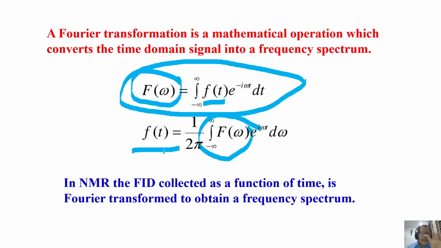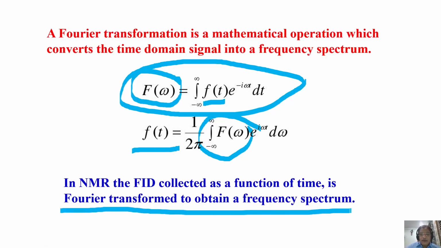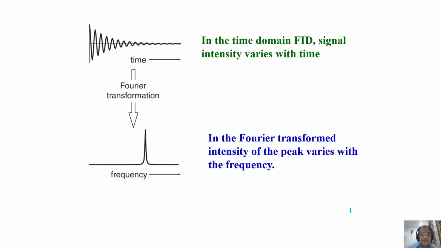While precessing, it induces an EMF in the receiver coil, which we collect, and it is a damped oscillation. The signals start decaying, which we call free induction decay. We collect this as a function of time, which we saw even in the last class and several other classes. And we do the Fourier transformation. Now we are going to get a frequency domain spectrum.